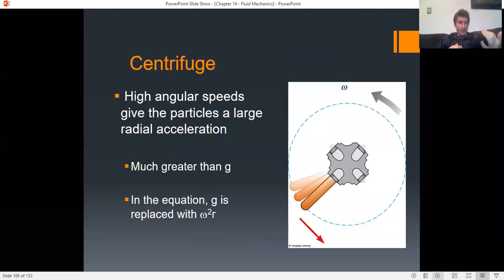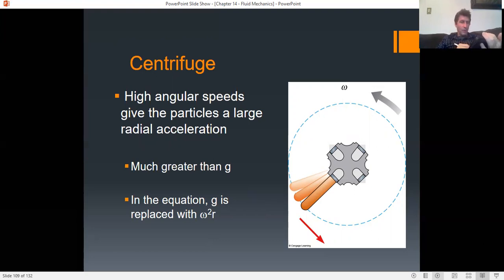So here's the idea. When we have particles suspended in some fluid, maybe blood cells suspended in plasma, maybe a precipitate suspended within some aqueous solution, and we can't just set it on the shelf and get it to settle out naturally, we need to increase G, and basically we create artificial gravity.